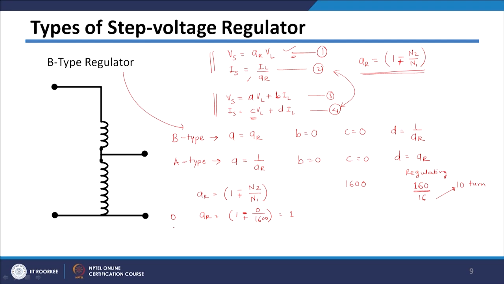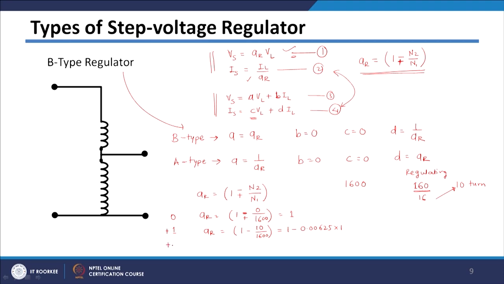When the tap is plus 1, your AR will be equal to 1 minus, for tap 1 we are adding 10 turns of the N2 winding. So there will be 10 divided by 1600, which comes around 1 minus 0.00625 into 1, since one tap is there.